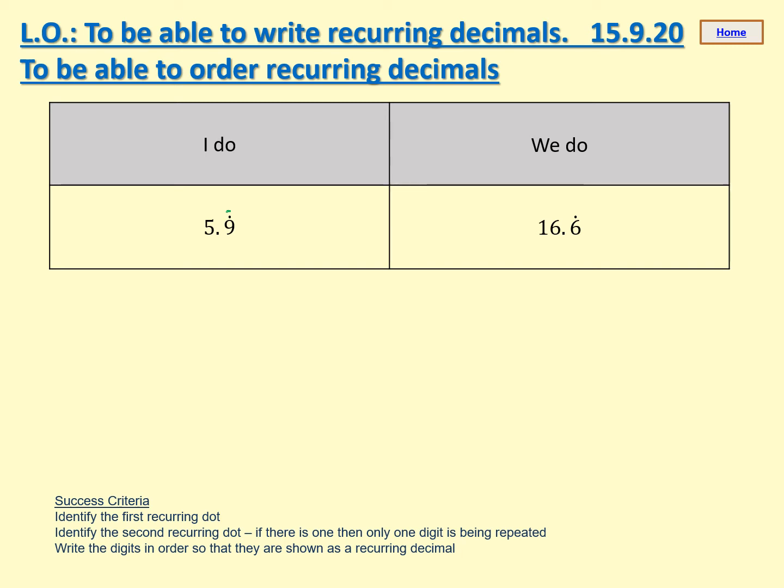So to write out this recurring decimal, I just do 5.99999, and so on. Can you do the next one in your books now for me? Pause the video for a minute and do the next one. Okay, so what you should have is 16.666666. If that's what you got, well done.